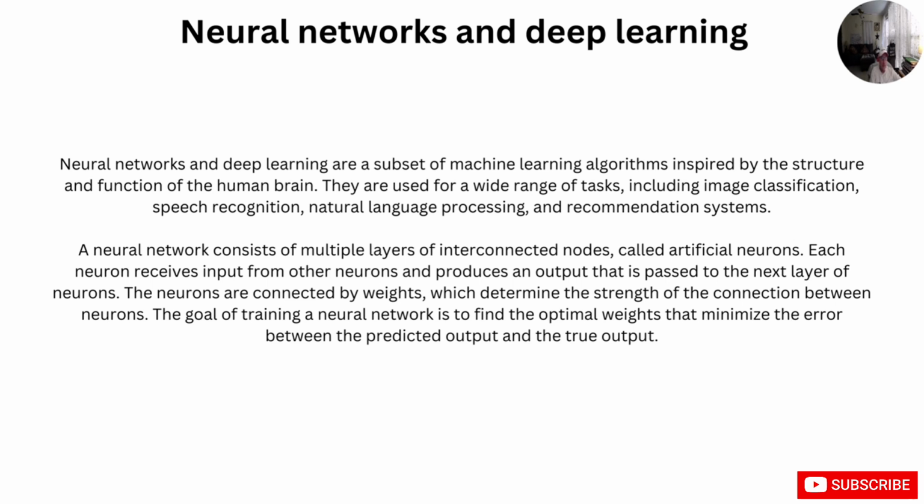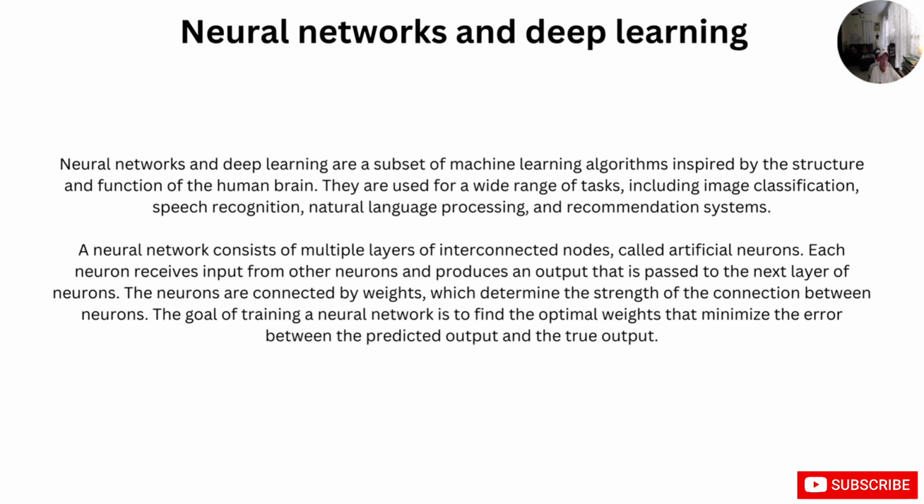Neural networks and deep learning. Neural networks and deep learning are a subset of machine learning algorithms inspired by the structure and function of the human brain. They are used for a wide range of tasks, including image classification, speech recognition, natural language processing, and recommendation systems. A neural network consists of multiple layers of interconnected nodes called artificial neurons.